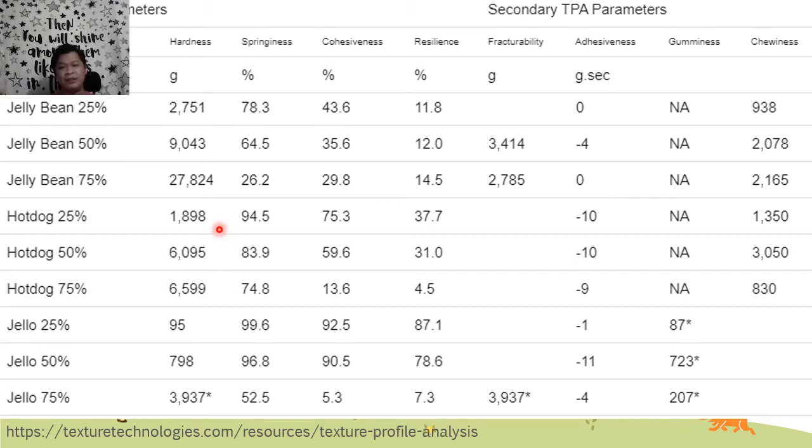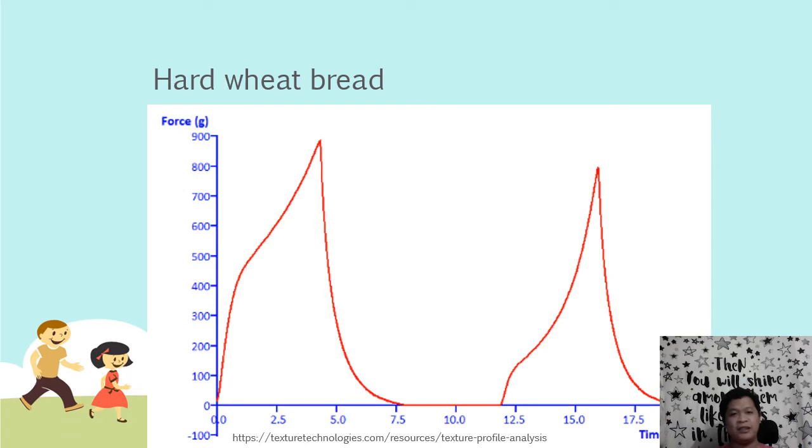Alright, so anyway, you can just try to see these values and try to imagine how these values reflect yung actual texture, especially if you're familiar with eating these types of products. So in this case, ito yung example ng TPA for hard wheat bread.